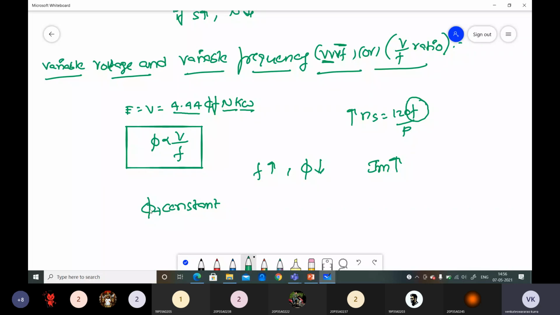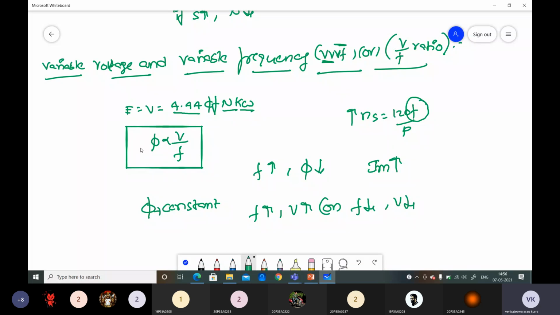So Φ is constant. If you increase the frequency, increase the voltage also. In other cases, if you decrease the frequency, decrease the voltage also, so that V by F is a constant value. If V by F is constant, then flux is constant. Flux is constant only when V by F is constant; both values must be constant.